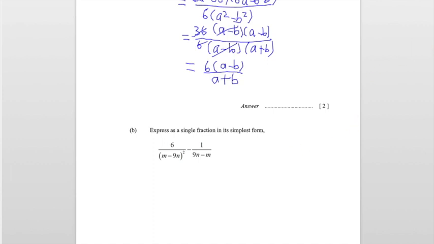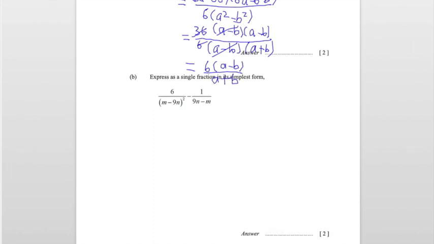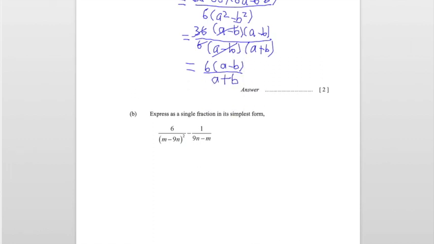In the second part, we have subtracting the algebraic fractions. To subtract fractions, we need a common denominator. As we can see here, the denominators are almost the same, except that they are not in the right order.